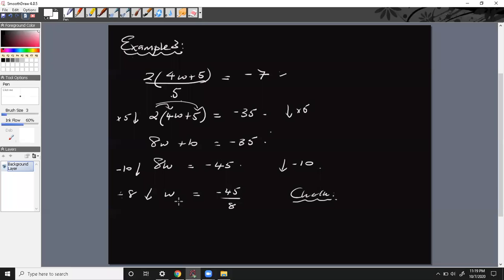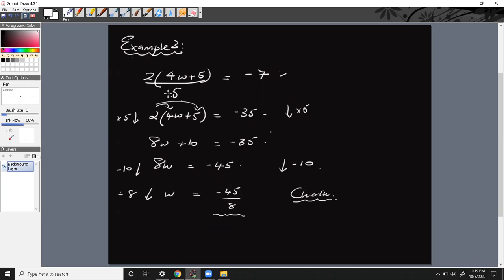Okay, to check this one, this value for w isn't the most straightforward value. You could work it out as a decimal and you could put it in there. But if you're working without a calculator, and I will show you how to do these things with a calculator, but we'll stick to working without a calculator to begin with.